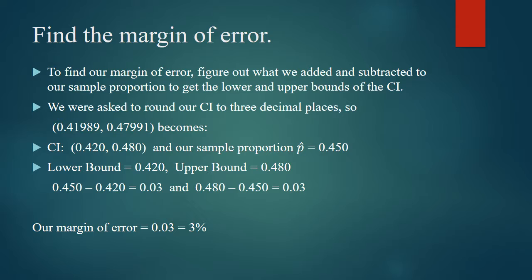So 0.450 minus 0.420 gives us 0.03. 0.480 minus 0.450 also gives us 0.03. So our margin of error is 0.03, which is the same as 3%. Depends on how you're choosing to answer the problem or describe your data if you are doing this in a real-world situation.